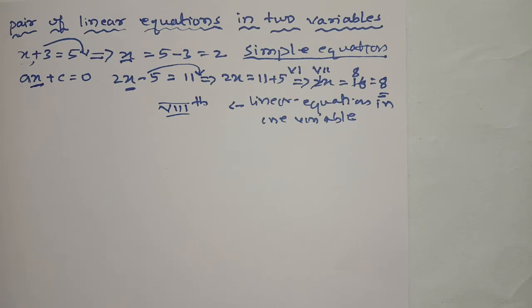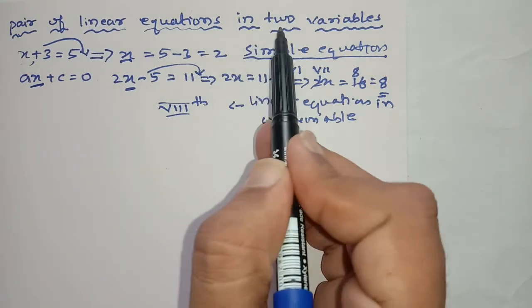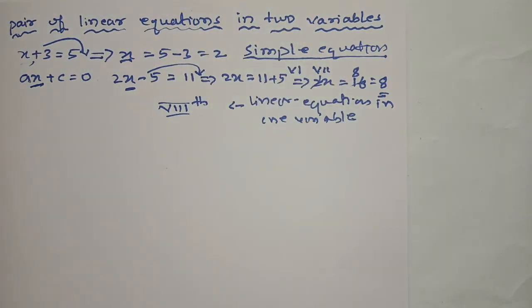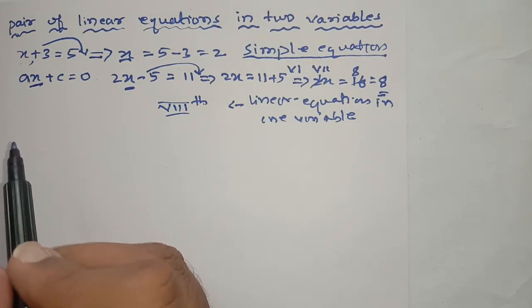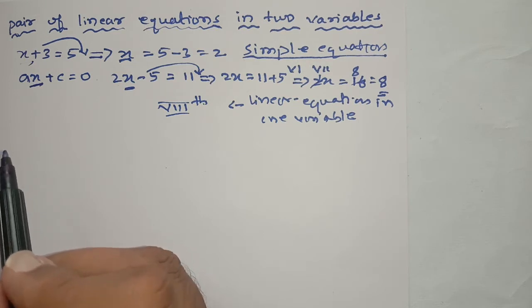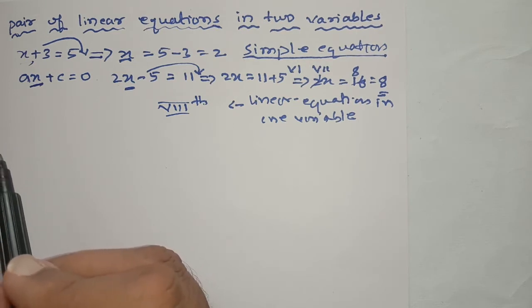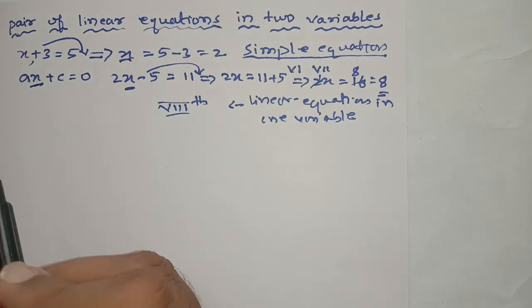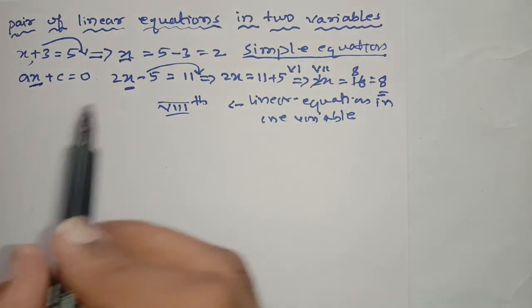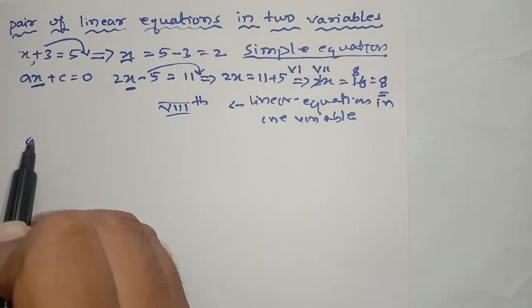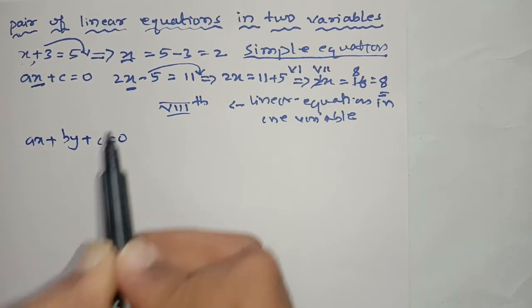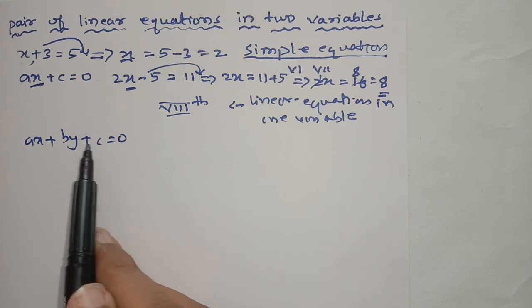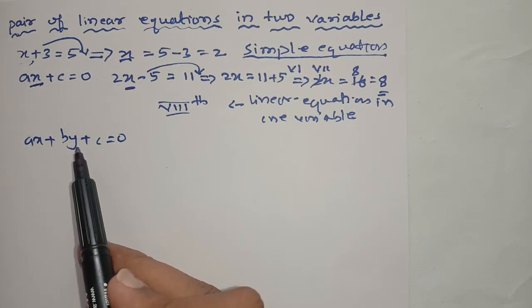Now in 9th standard you learn linear equation in two variables. The definition of linear equation in two variables is an equation of the form ax plus by plus c is equal to 0, where a, b and c are real numbers.